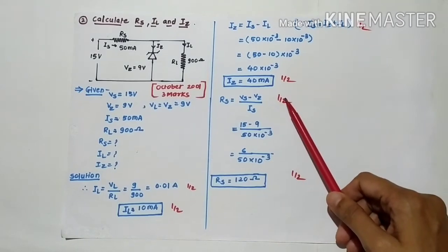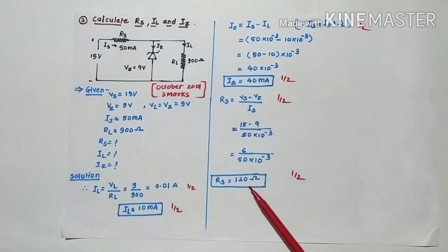Here again, half mark for the formula and half mark for the correct answer with proper unit. Okay, students, all of you can do more practice at home for solving these problems. If you have any doubt, feel free to ask me.